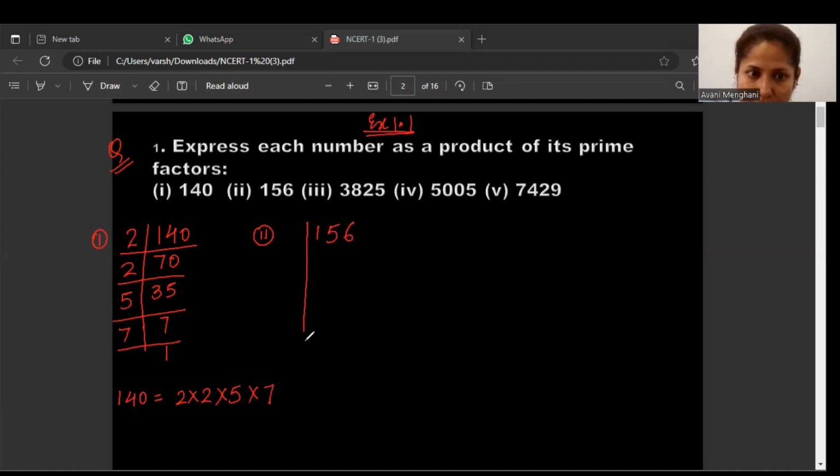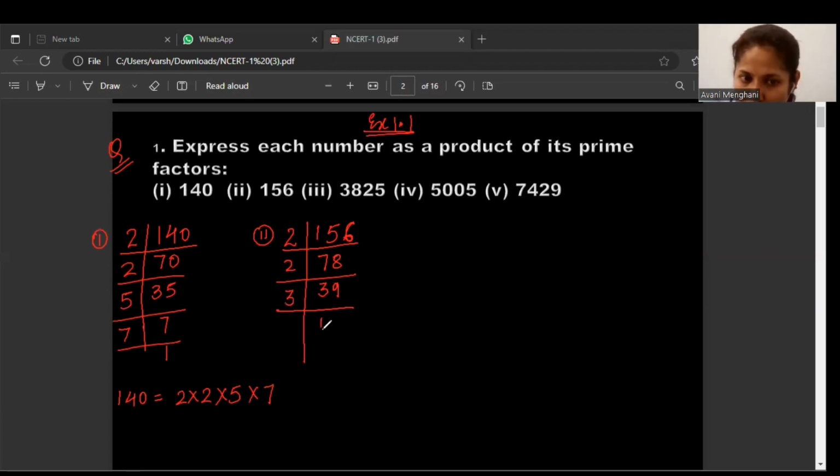156. 6 is an even number. That means 156 is an even number. Let's divide it by 2. So 78. Once again by 2. So 39. Now 39 will go by 3.